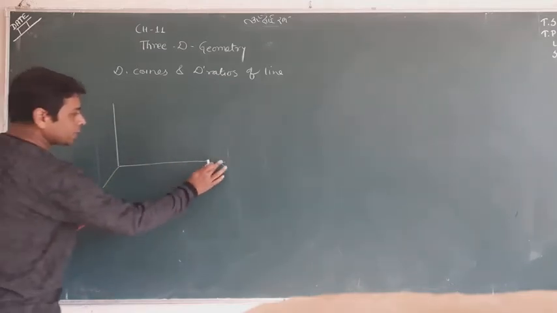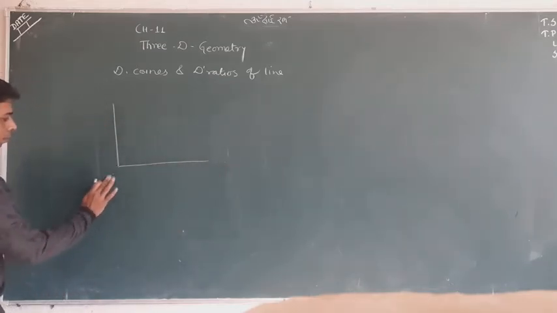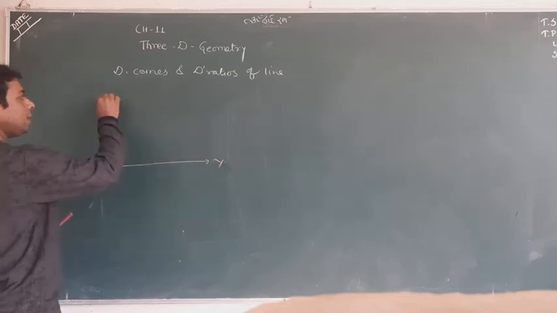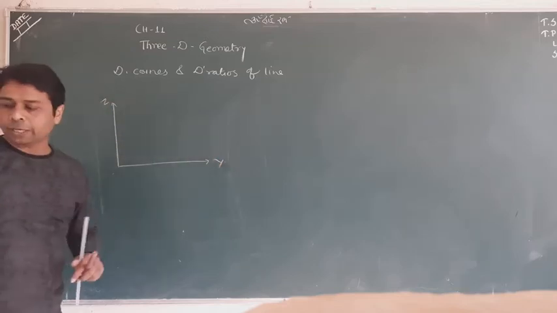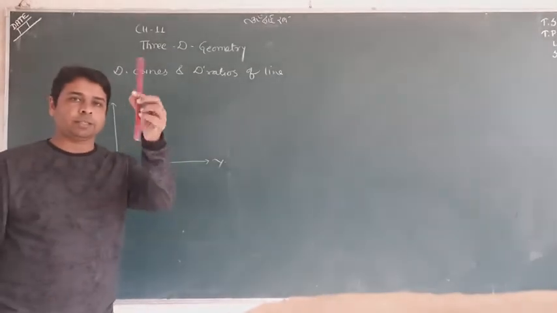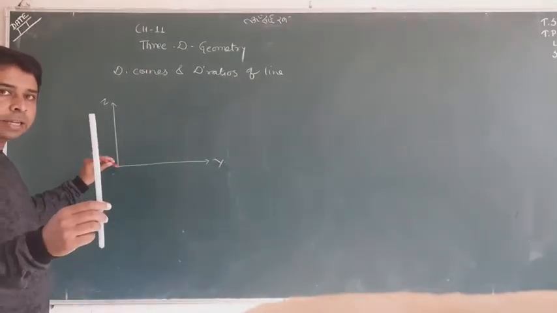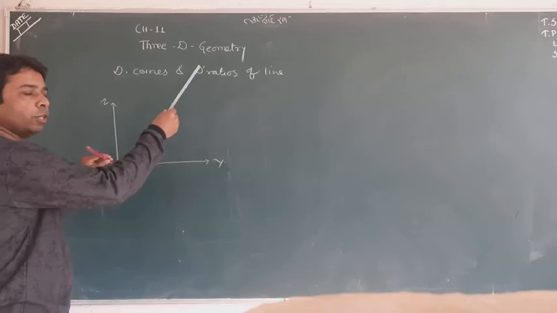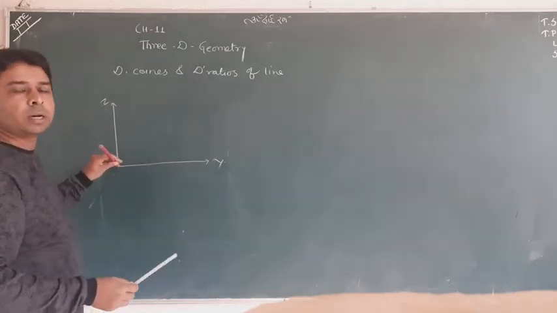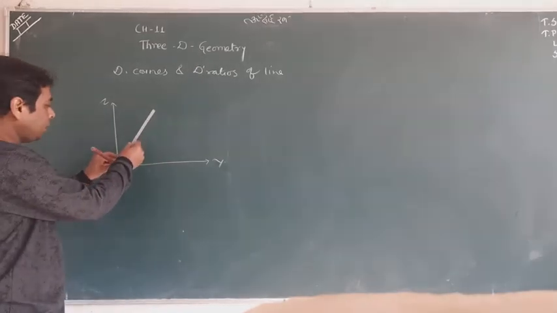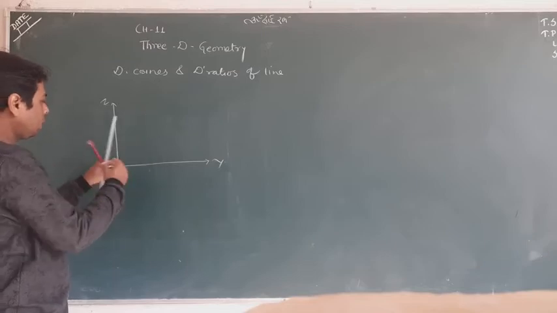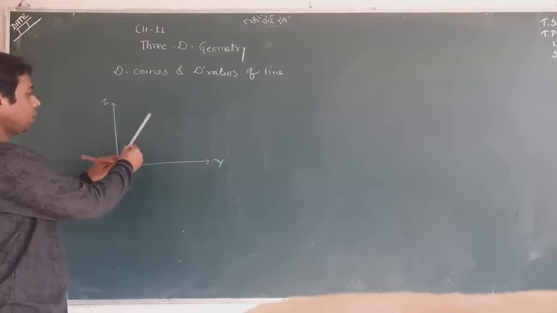Suppose we have three axes, x, y, z, and definitely this is my x-axis. This is my line. The line may be here or here or here, but for convenience I am taking the line here.